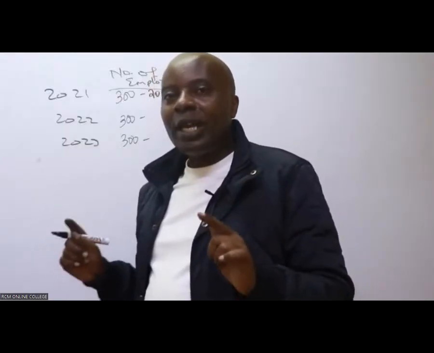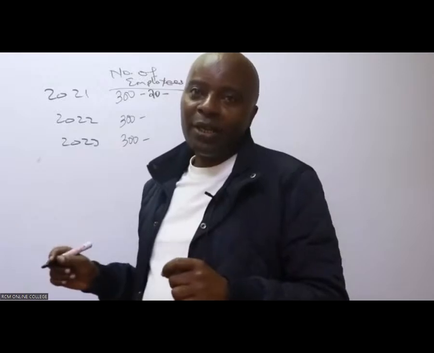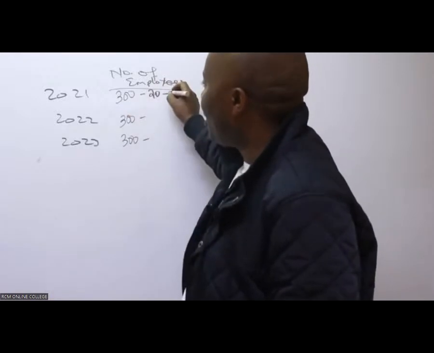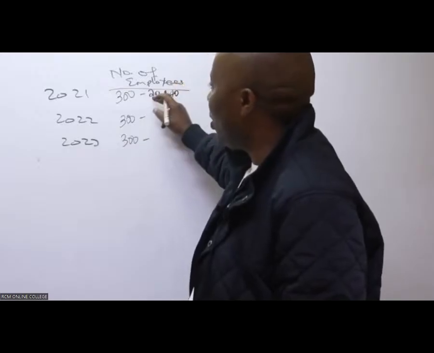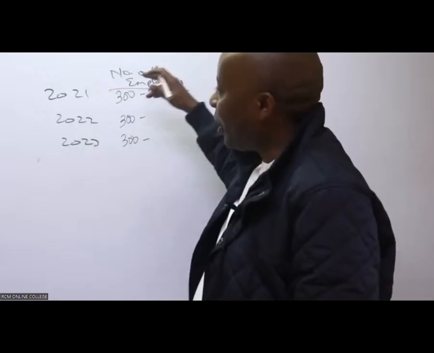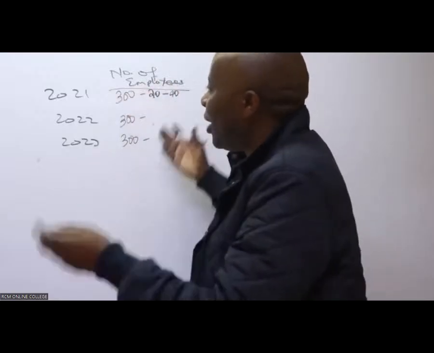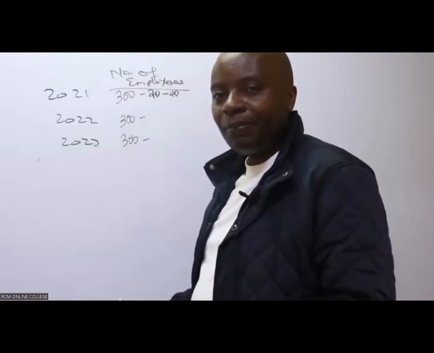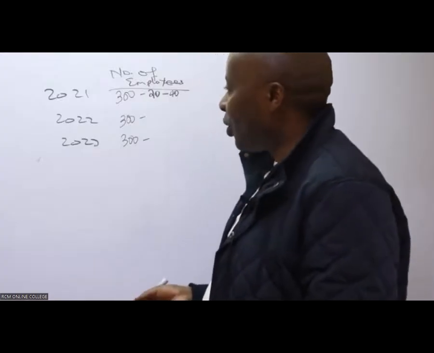So the language here, further, you must always deduct. So 300 minus the 20 who have left, minus the ones you are estimating to leave, so that by the end of this year I should know how many will stay behind. Quite confusing. So we go to 2022.